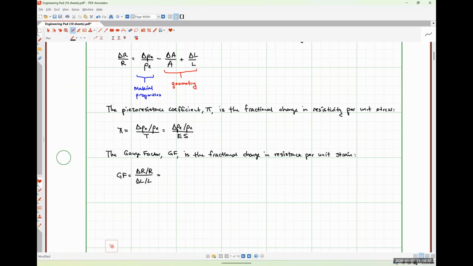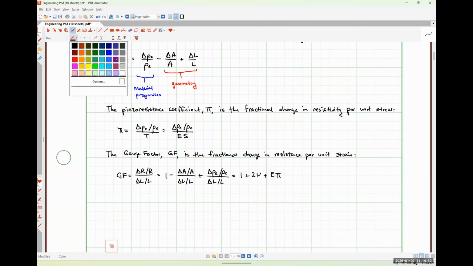That would wind up looking like 1 minus the fractional change in area divided by the fractional change in length, plus the fractional change in resistivity over the fractional change in length. And this can be written as 1 plus twice nu plus E times our piezoresistive coefficient.